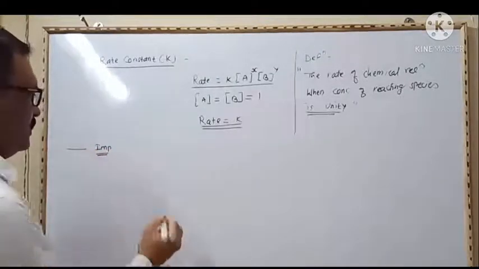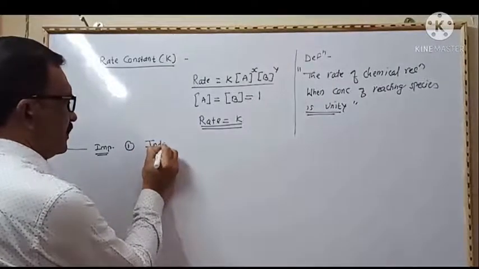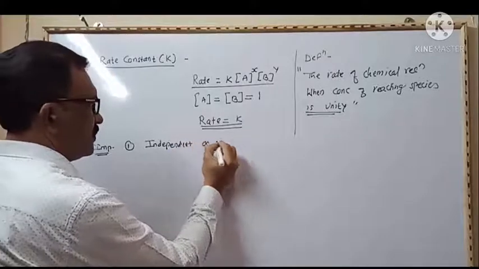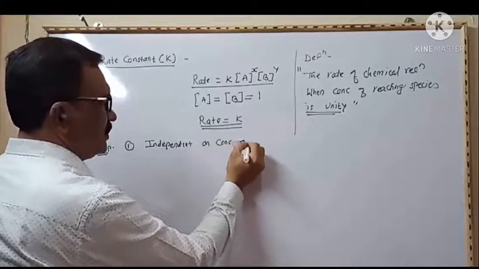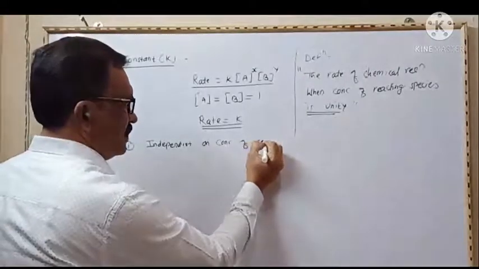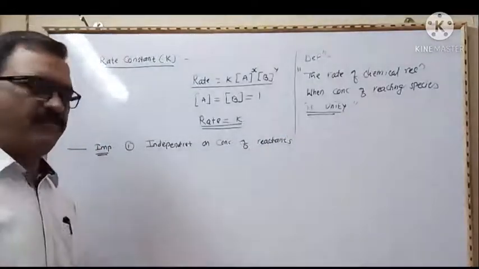The first one: the rate constant is independent of the concentration of the reacting species, independent of the concentration of the reactant.